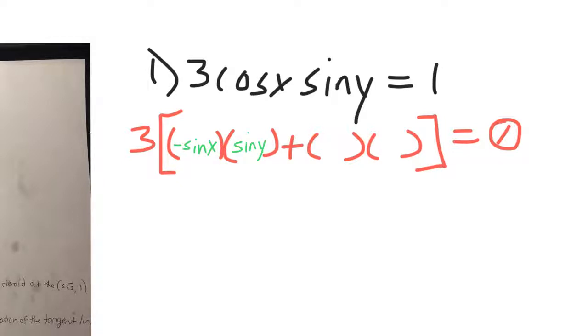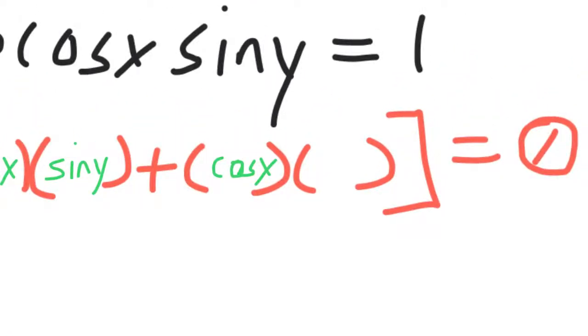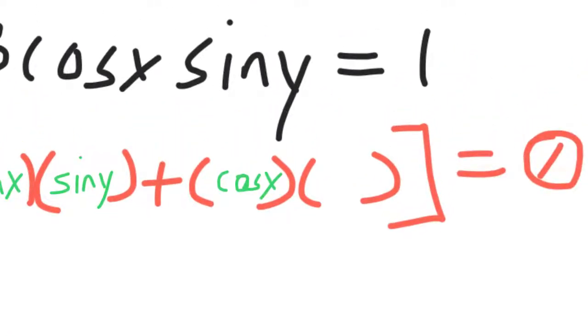Okay. Now, we're going to keep the first function, call it cosine x, and now we're going to do the derivative of sine y. Now, the derivative of sine y is cosine y, but unfortunately, it's going to be cosine y, sure, but we're doing the chain rule, right?